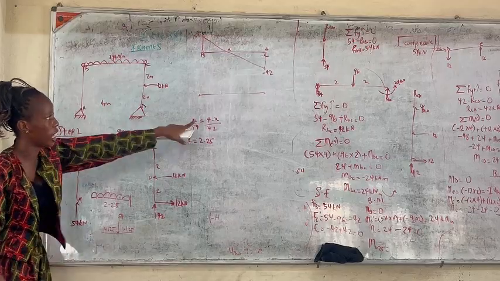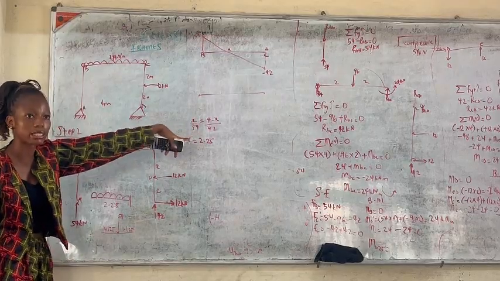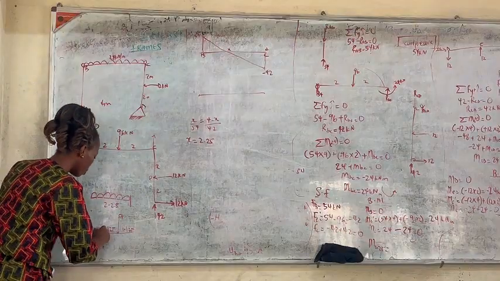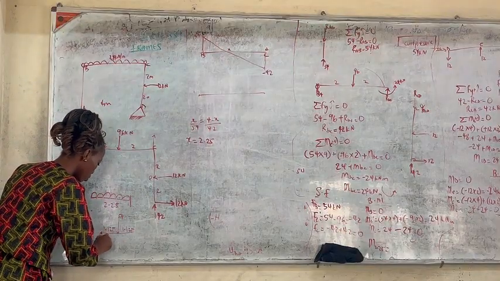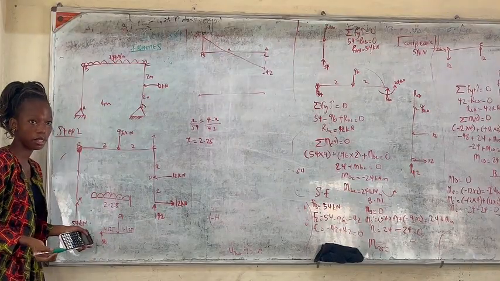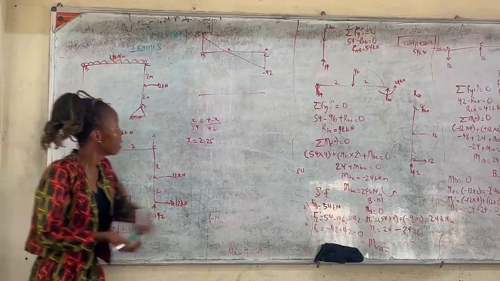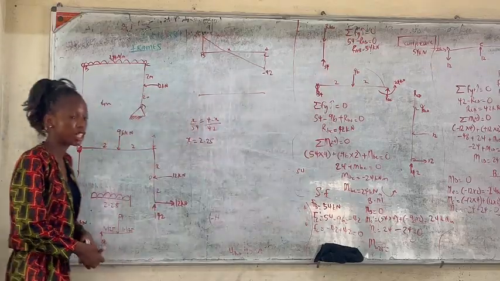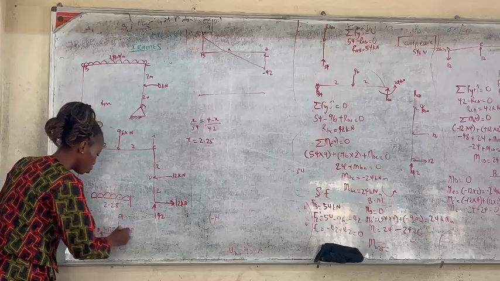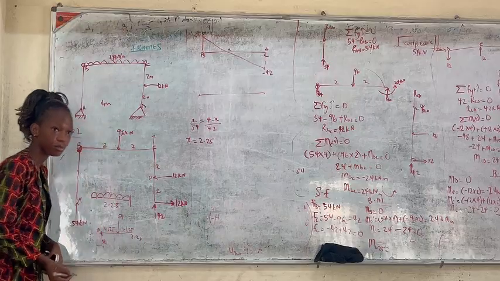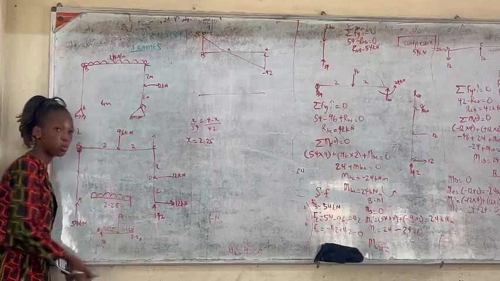Now, let's not forget, there are also some reactions active. You have 54, the reaction at B initially. We are moving from B to 2.25, so we need to find the moment about 2.25.